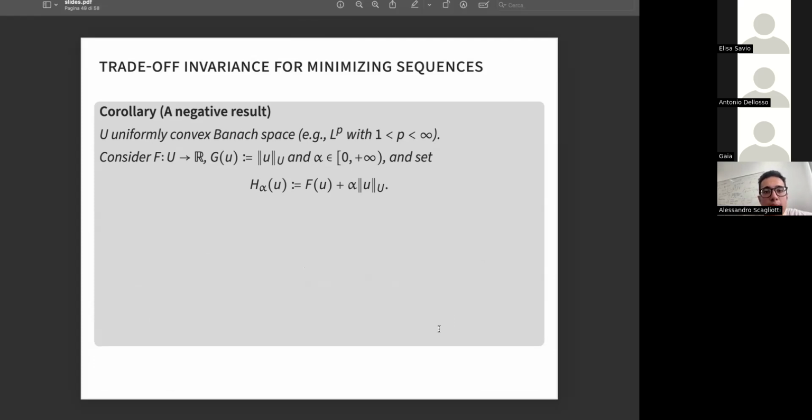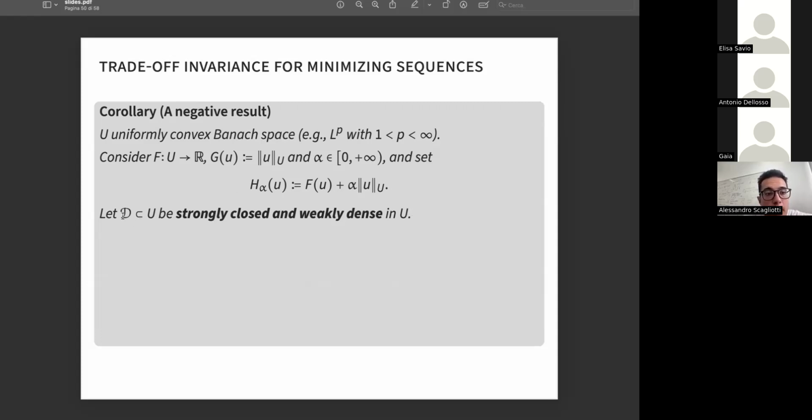In the same situation, we also have a negative result. Let's assume that we are in the same situation as before, so a uniformly convex Banach space. And let's now consider a set D which is strongly closed but weakly dense in U. This is actually the case if, for instance, we are doing some numerical analysis on a variational problem.